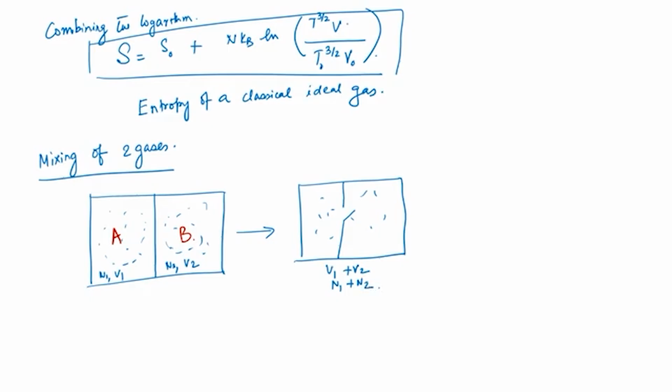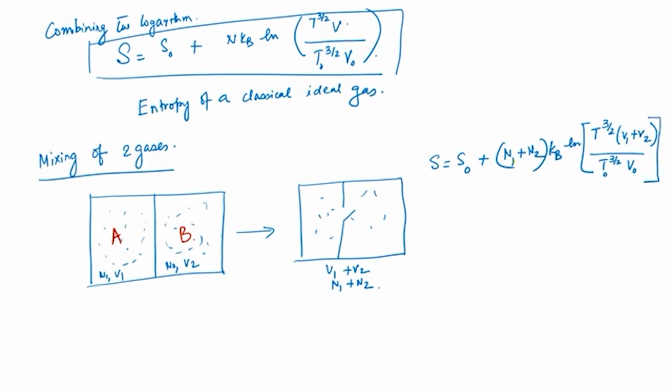If you do that, then the entropy would become S equal to S0 for the mixed gas, this combined system, plus N1 plus N2, where the N that you see here is replaced by N1 plus N2, times k and then a log of T to the power 3 by 2 into V1 plus V2 over T0 to the power 3 by 2 and V0. So from a combined volume it goes to a term which is V1 plus V2.